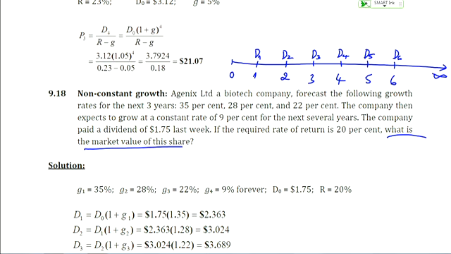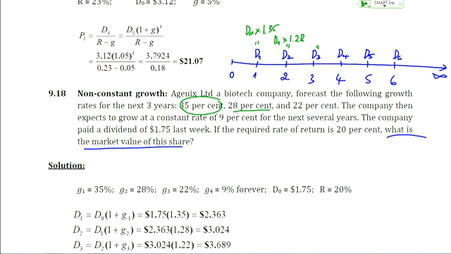So what would be your D1? D1 will be 35% higher than D0. Because you can see that the following growth rate for the next 3 years will be 35%. So D1 will be D0 times 1.35. Yeah? How about D2? D1 times 1.28.